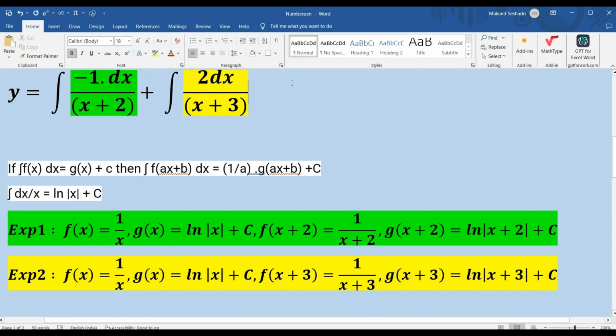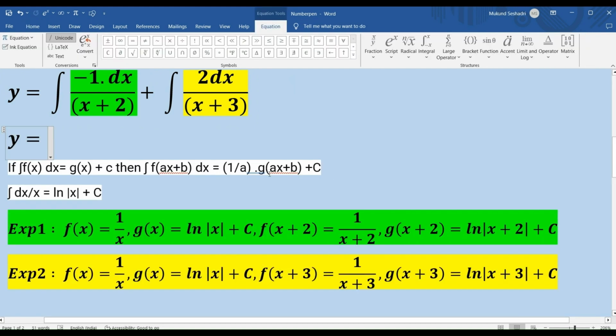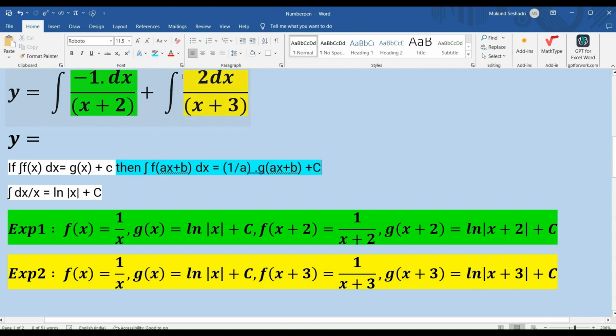Let's go back to our y and write the answer. Coming to my y, I know that I'm going to be applying this particular rule to solve for y, right? So what does that rule state? My integral of f of ax plus b dx equal to 1 by a times g of ax plus b, right? So when we are in expression 1, my ax plus b equals x plus 2, which means my a equals 1, my b equals 2.